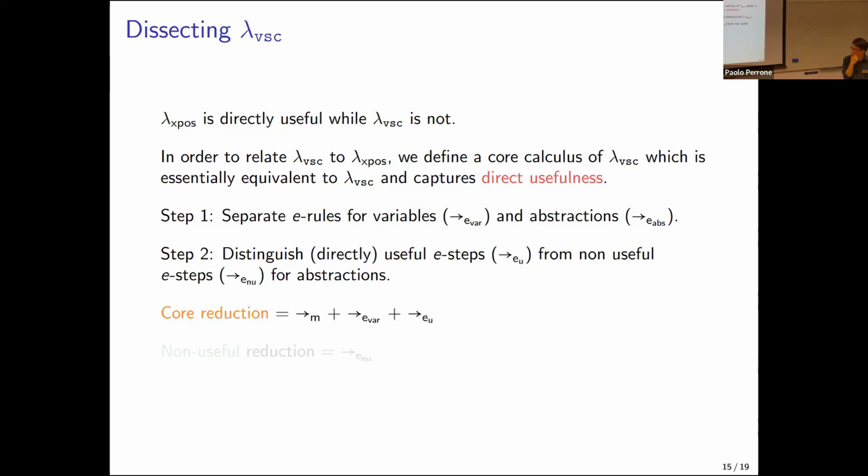So the core part will be just the rule that fires a value x and creates an explicit substitution, with the duplicate substitution rule for variables with only directly useful steps for abstractions. And the non-useful reduction is just the rest. So you have only non-useful steps for abstractions.